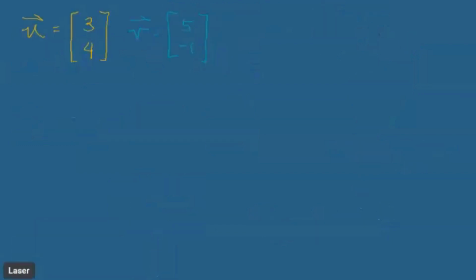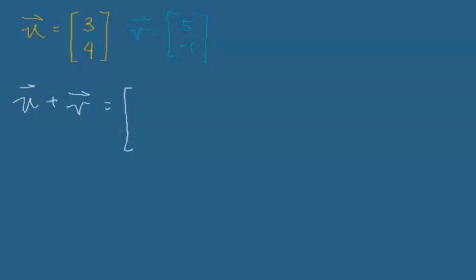Let's have another example with vector u with components 3, 4, and vector v with components 5, negative 1. So to add these two vectors, it looks the same. Okay, so vector u plus vector v.